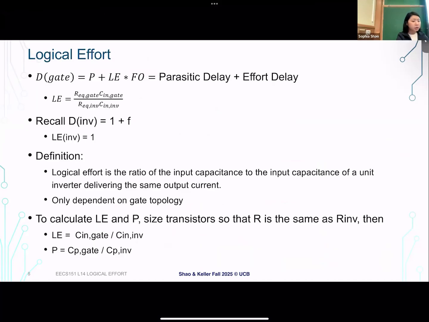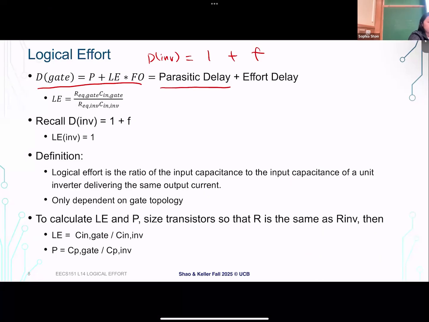So you will go back to this simpler version where we have our delay following the very similar form. When we have the delay of inverter, we mentioned earlier, it's basically 1 plus F. We have the parasitic portion and also the effort delay, right? Before, the effort delay is just the fan out, but now, because we have multiple inputs, this intrinsic property or the topology of the gate adds another weighting function.